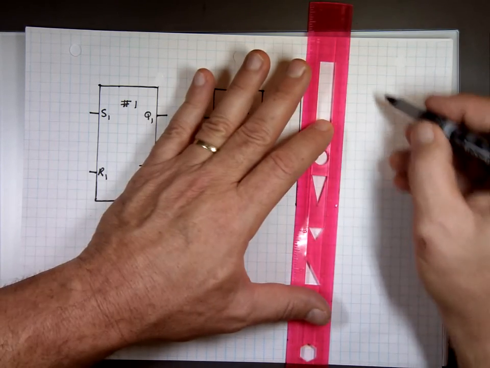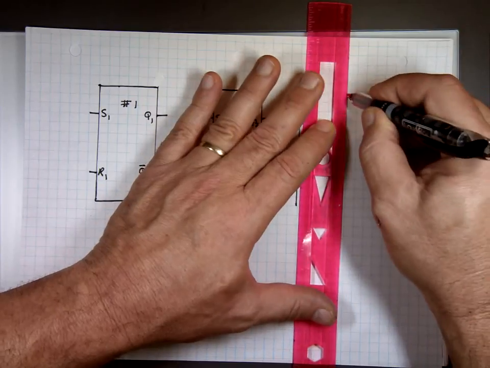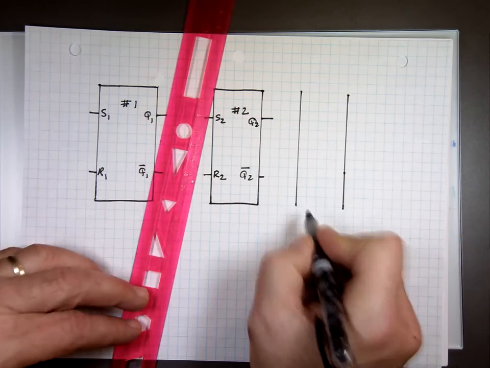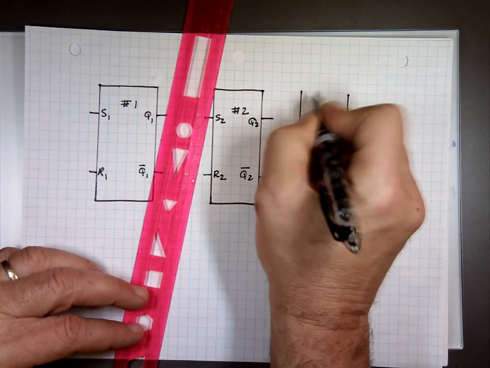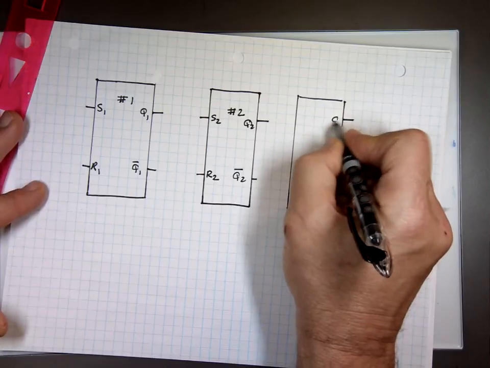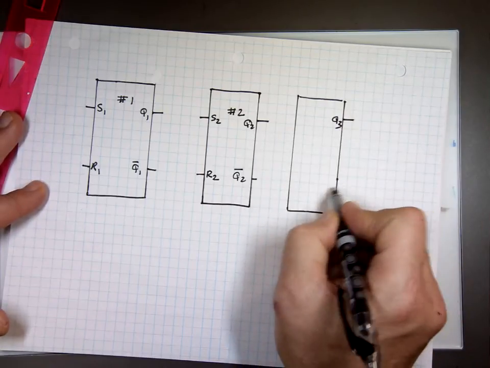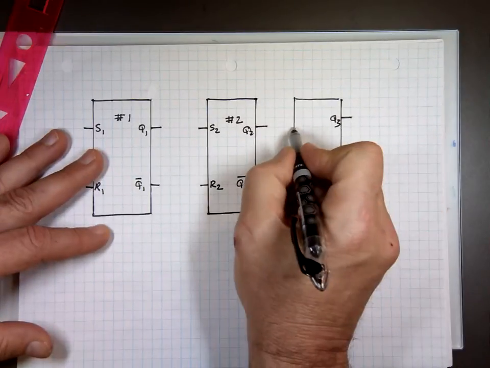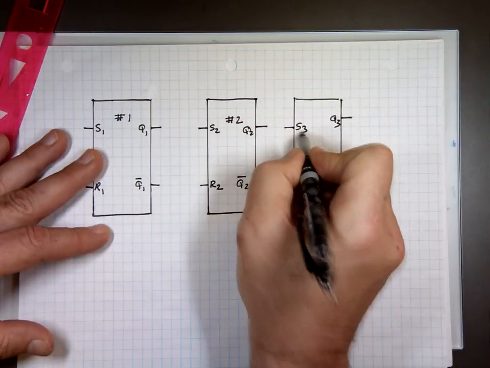Do we have gates in the first group? This is Q3, Q3 naught, S3, R3, this is number 3.